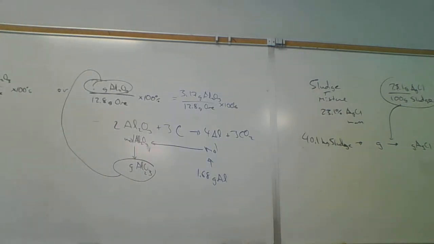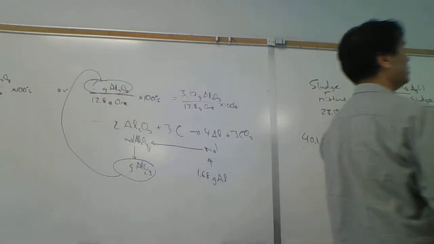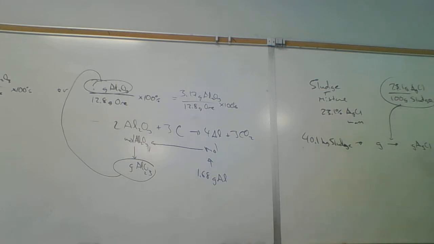Now this is a challenging problem, because it has two percentages that we have to keep track of. So let's look at number 81 here, hydrogen and chlorine by electrolysis. The yield from the process is 61% by mass.